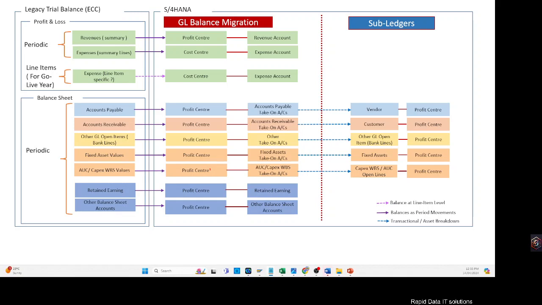Today we will talk about migration of financial data components. For any project, financial data migration is a critical piece.